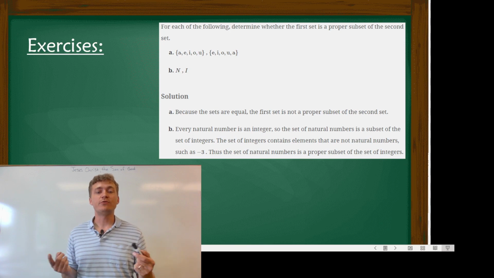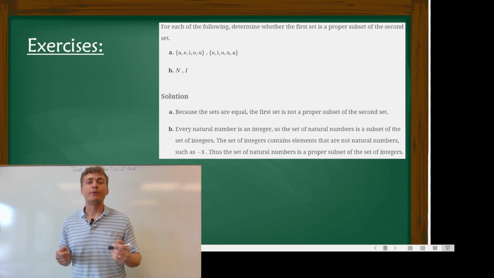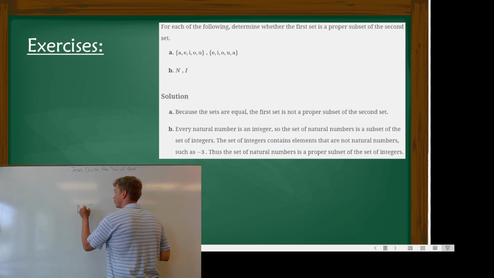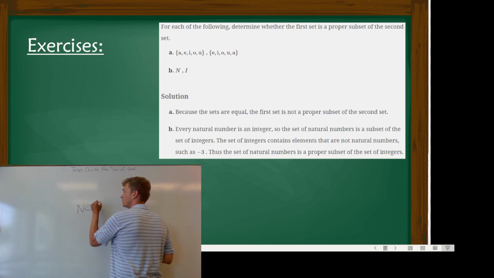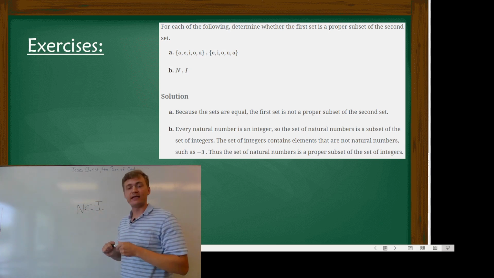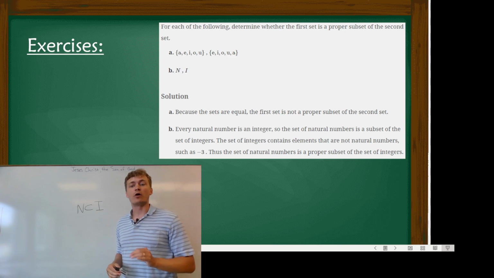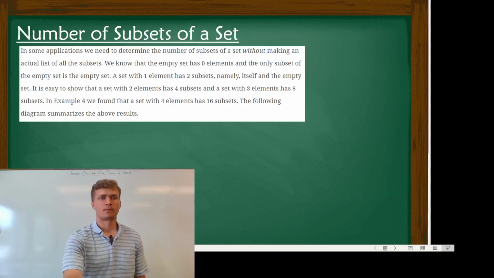Moreover, these two sets are not equal. Therefore, N is a proper subset of I, and we would use the notation N is a proper subset of I, just meaning that everything over here can be found in here. Additionally, these two sets are not equal.